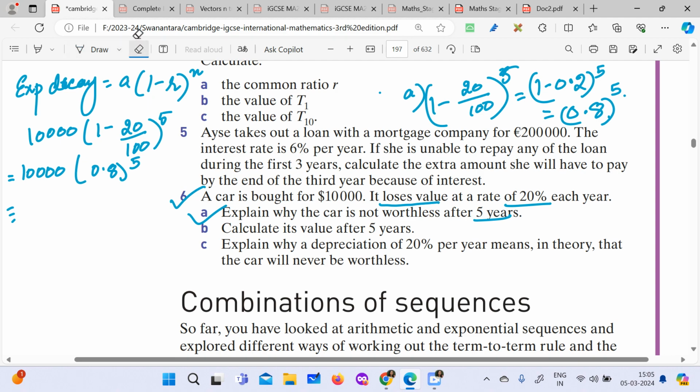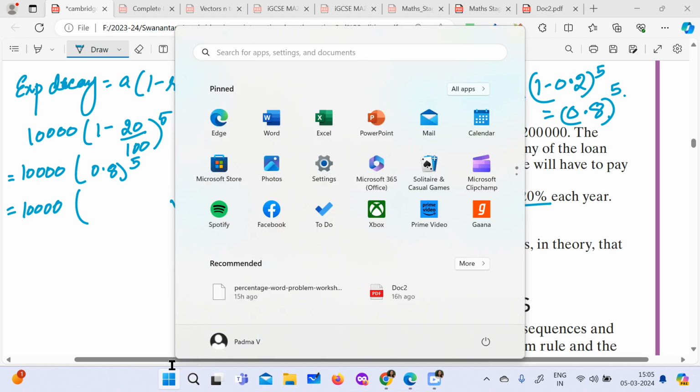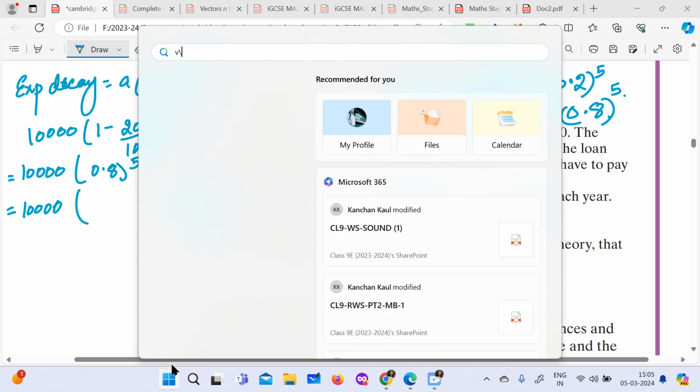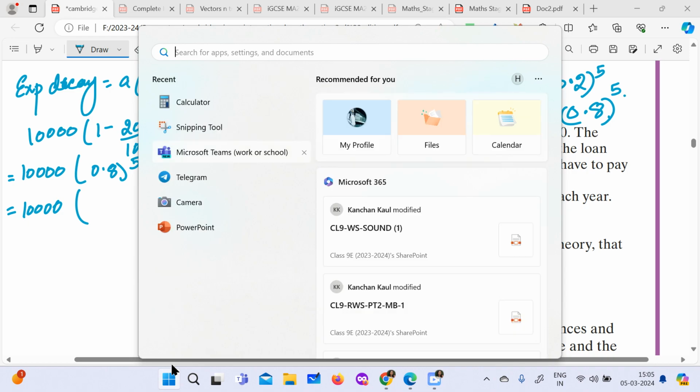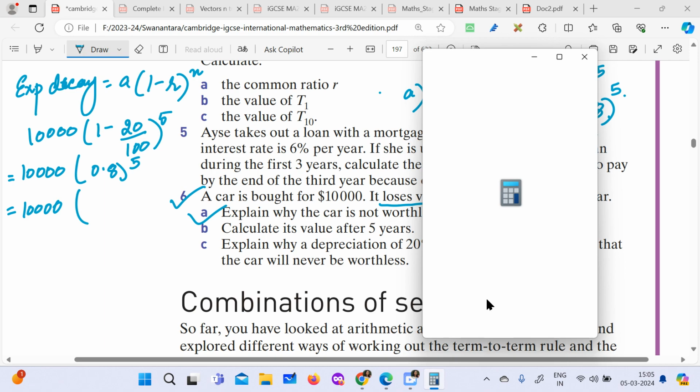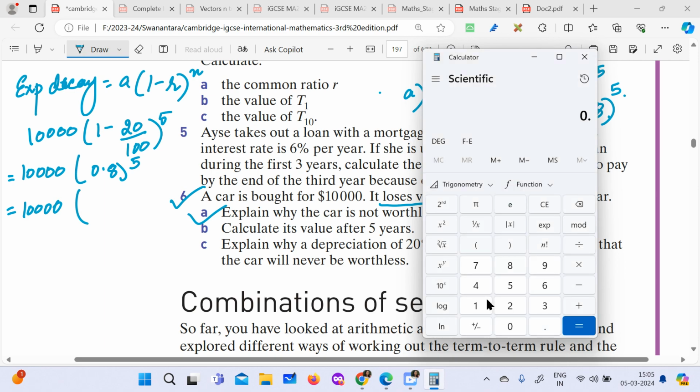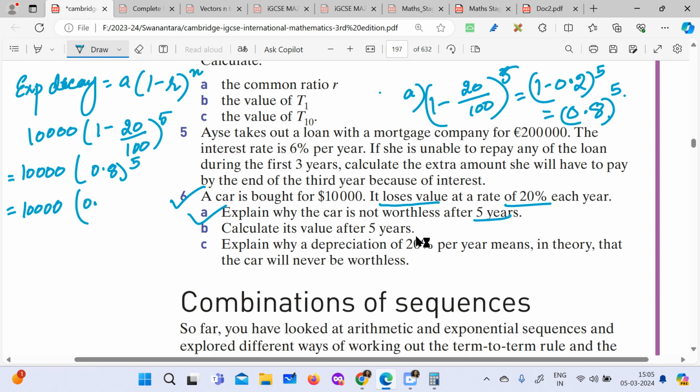can you use your calculator and give me this value? 1 minus 0.2 to the power of 5 gives 0.32768.